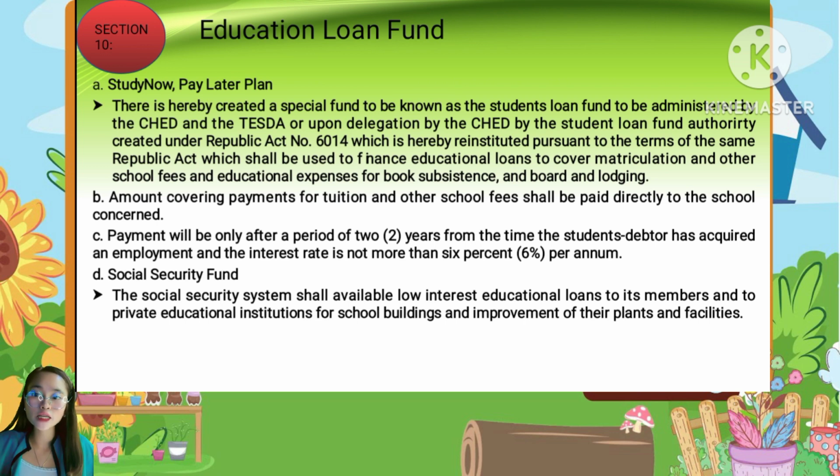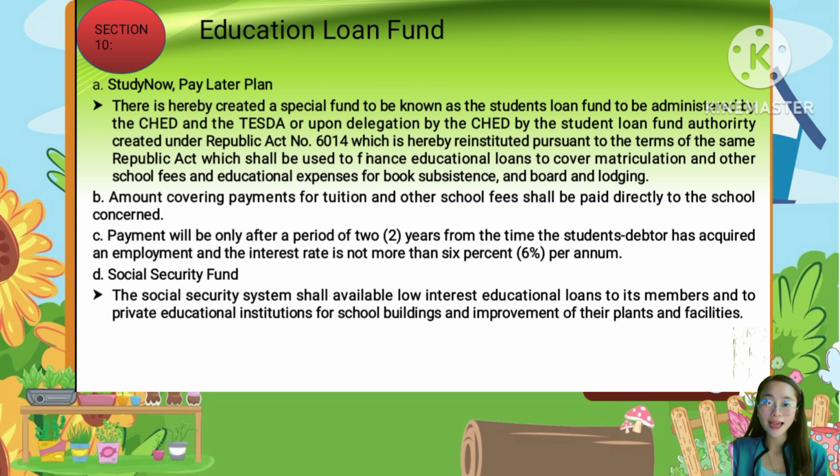It also covers educational expenses for books, subsistence, and board and lodging. The amount covering payments for tuition and other school fees shall be paid directly to the school concerned. Payment will begin only after a period of 2 years from the time the student debtor has acquired employment, and the interest rate shall be not more than 6% per annum.